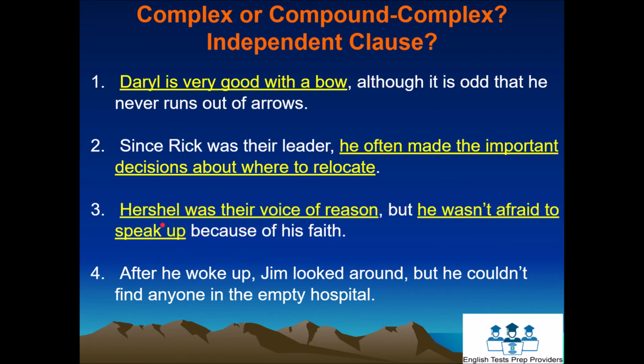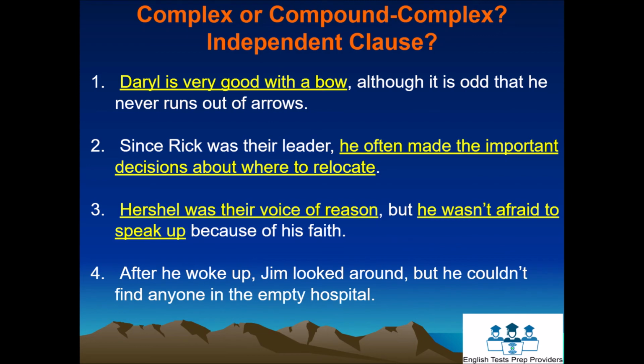Both of these can stand as sentences, and they are joined with one of the fanboys or coordinators, but. While because of his faith is a dependent clause. So two independent clauses and one dependent clause. Thus, this is a compound complex sentence.